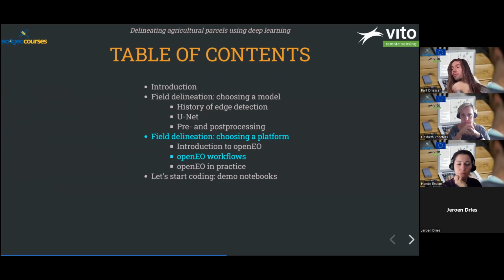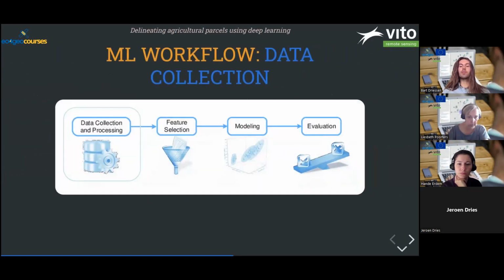So that is more of a theoretical workflow of what openEO can do, but let's talk a little bit more in detail about what kind of operations you can actually do with openEO. So I formatted this as a machine learning workflow, and what a machine learning workflow would generally look like.